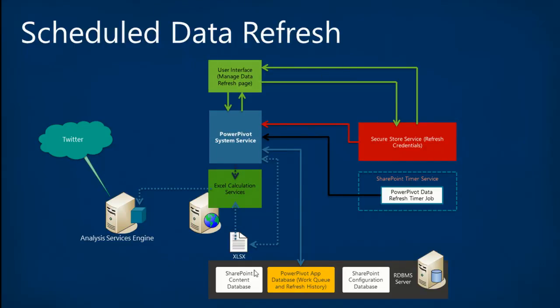If the PowerPivot system service needs to refresh a workbook, the most important design change that we did is we're no longer refreshing. We're going to Excel Calculation Service and let it do the work for us. This has a number of advantages for us. In the 2010 timeframe, we were only able to update the data model, but we were not really able to update the workbook, so we had to enable this flag, refresh on open, so that whenever you open the workbook in the browser, the data refresh would take place.